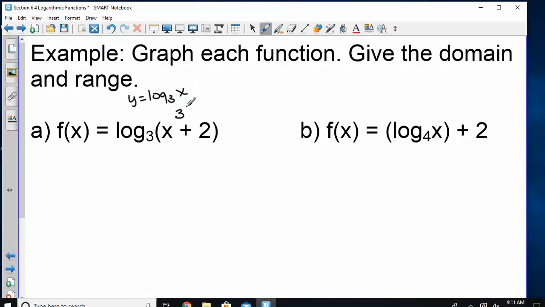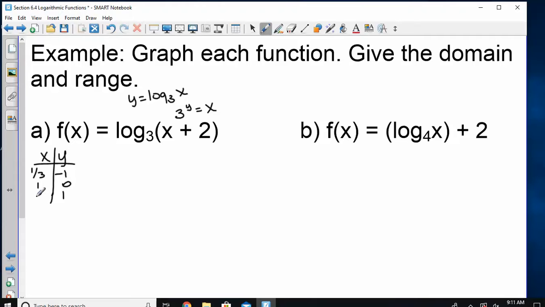If you change that to exponential, that's 3 to the y equals x. You're going to plug in your numbers for your y. So 3 to the -1 is 1/3. 3 to the 0 is 1.